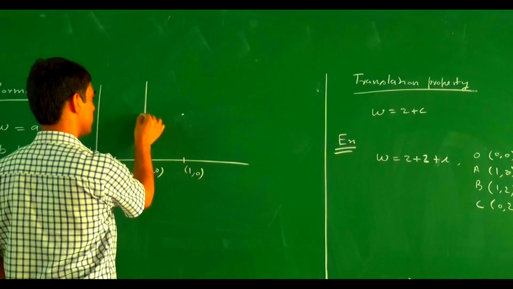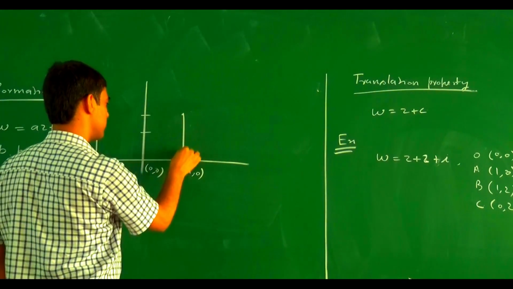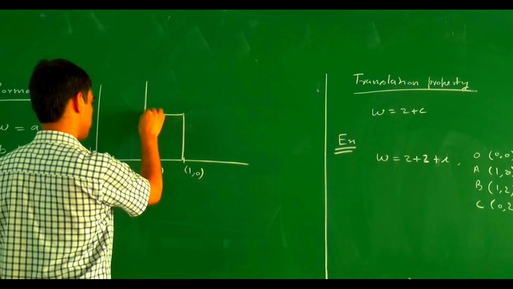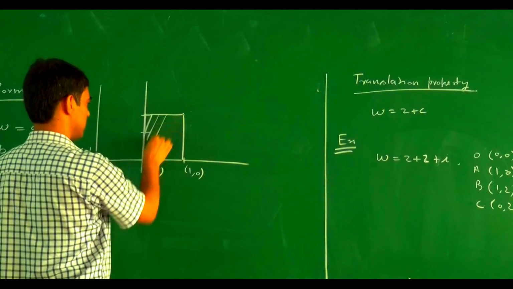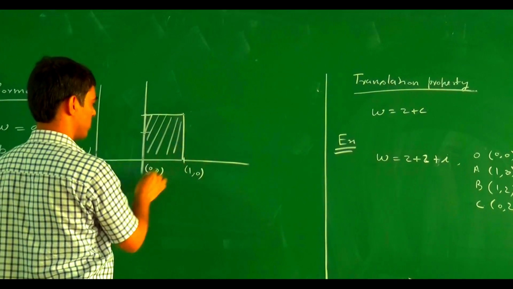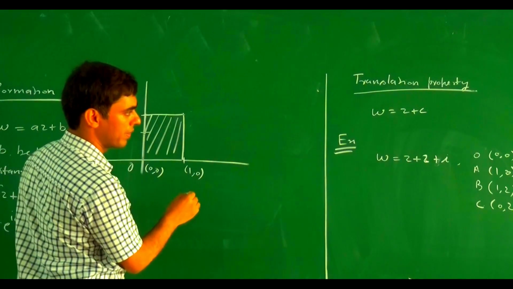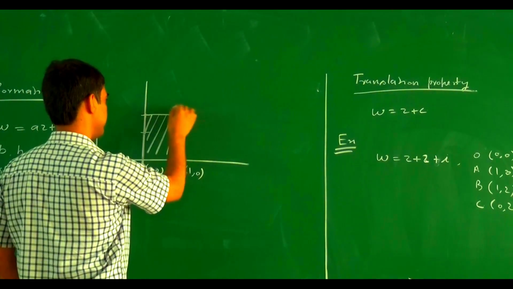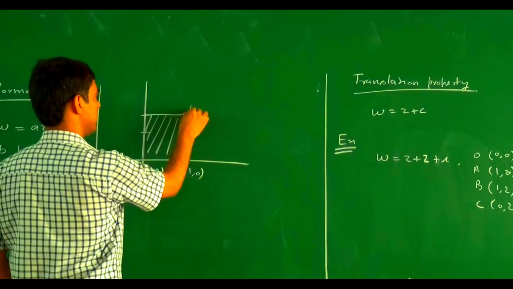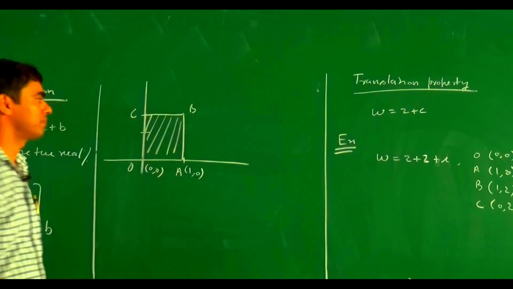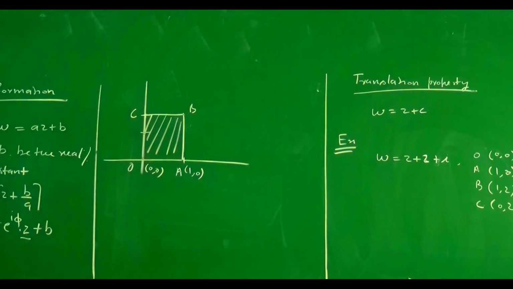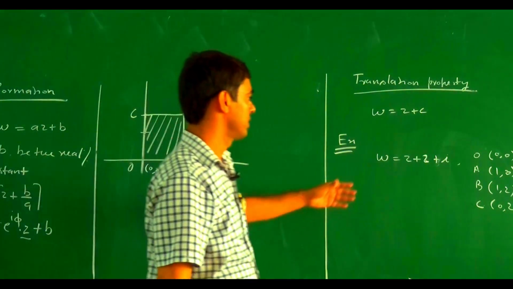Suppose this one is 1, this one is 2. So basically this is a region, O, A, B and C. Now under this mapping, what is this?